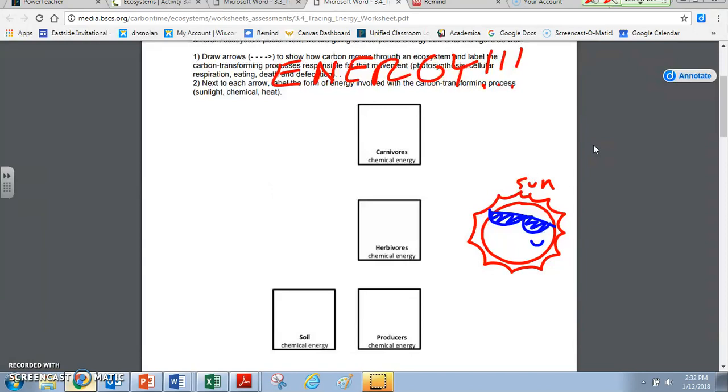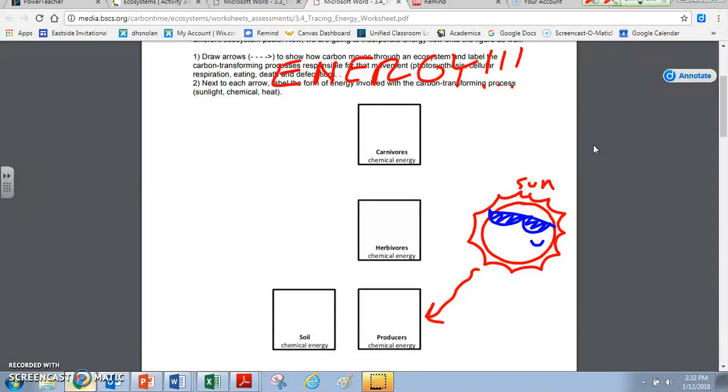And the way that that energy enters the ecosystem, it doesn't enter by the herbivores, it doesn't enter by the carnivores or the decomposers, because we can't really use the sun's energy directly. It's nice, it feels nice, but we really can't use the sun's energy directly. But producers can.